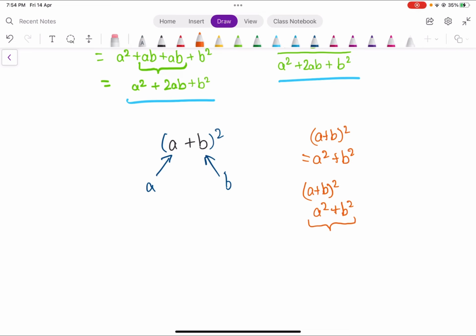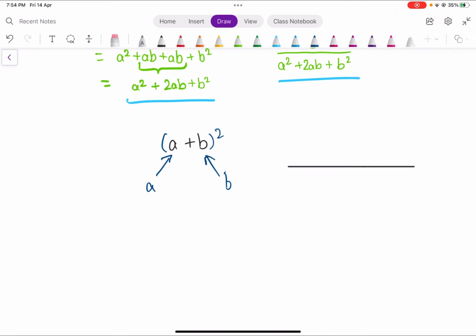But that is not right, and that is the wrong answer, because a squared plus b squared is not a plus b whole squared. We talked about the methods on how to find what a plus b whole squared is, and you can use one of those methods to figure it out by yourself. But now let's talk about the visual representation.